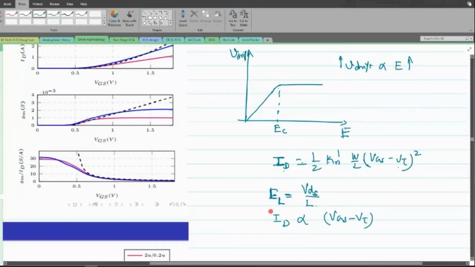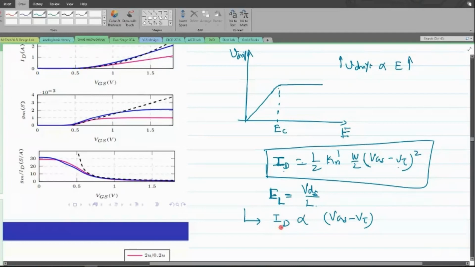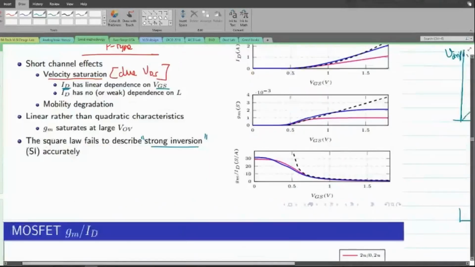There is a lengthy derivation that has been done, and I'll share the link, where you will find that the proportionality to length is removed. In the drain current equation, the current depends on L, whereas when your transistor suffers from velocity saturation, the dependency on 1 over L is not there.